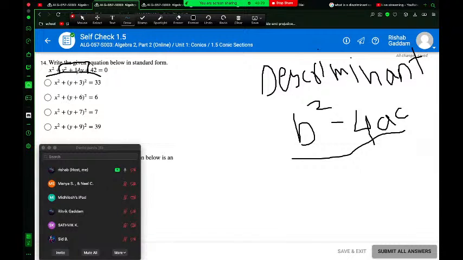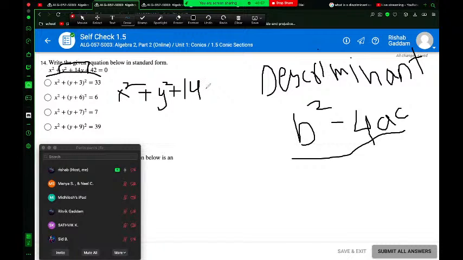And since we know that 14 divided by 2 is 7, and 7 squared is 49, we can add 49 to both sides, and so it becomes x squared plus y squared plus 14.